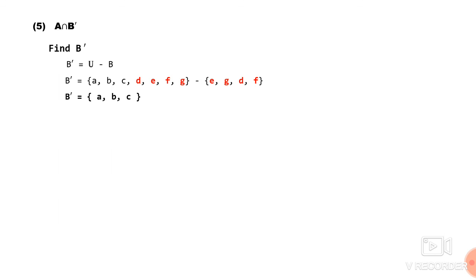Now we will find A intersection B complement, because now we have the set of B complement. Write set A first, then intersection, then the set of B complement, not the set of B. You have to write down the set of B complement which you found here.